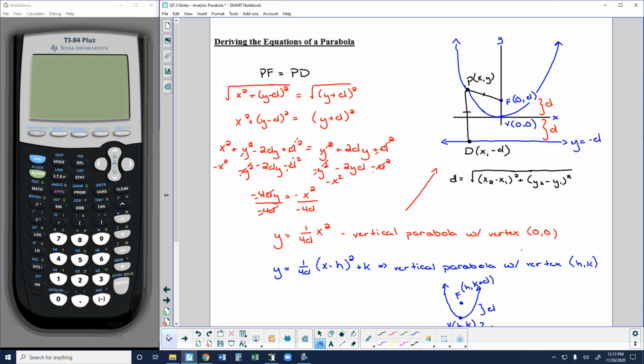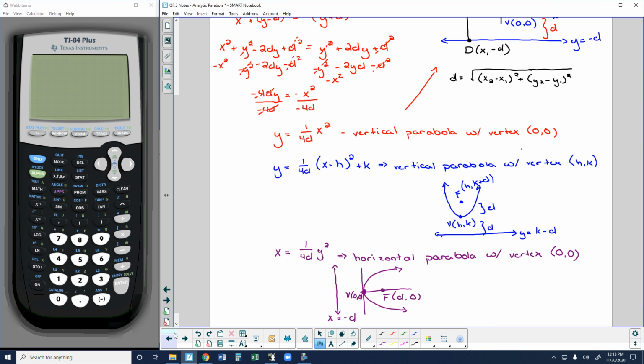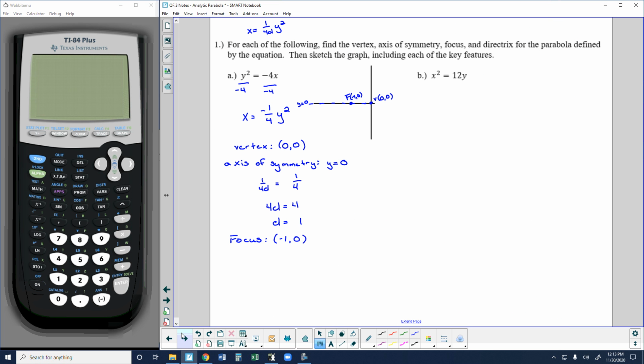Notice that the directrix is outside of the parabola in all of these cases. So it's going to be 1 unit away from the vertex, but to the right. And this would be a vertical line. So let me extend my axis here. This would be at x equals 1.